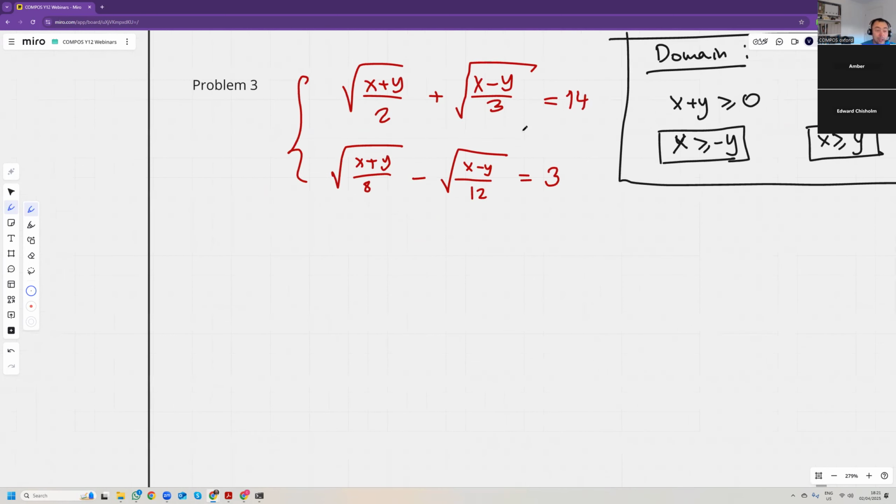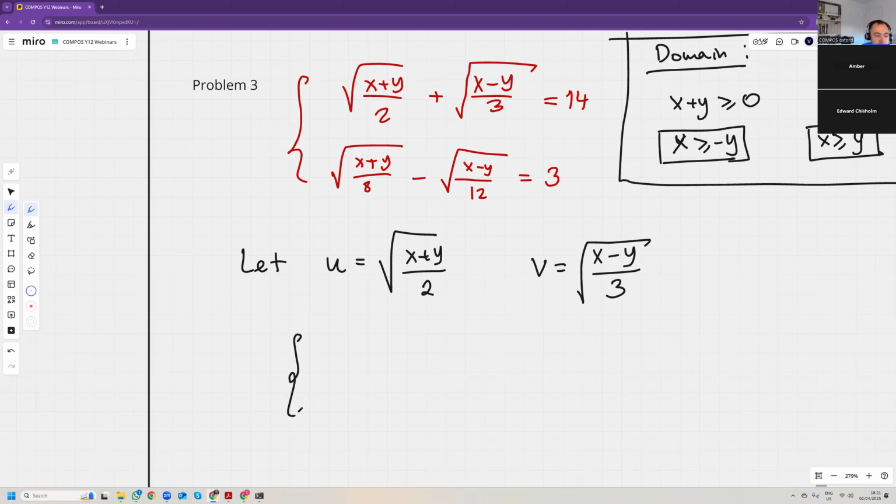Secondly, we can do a substitution here. Let u equals square root of x plus y over 2 and v equals square root of x minus y over 3.